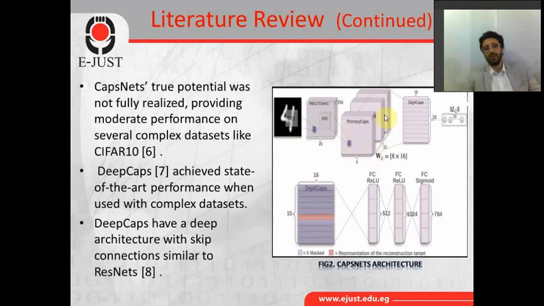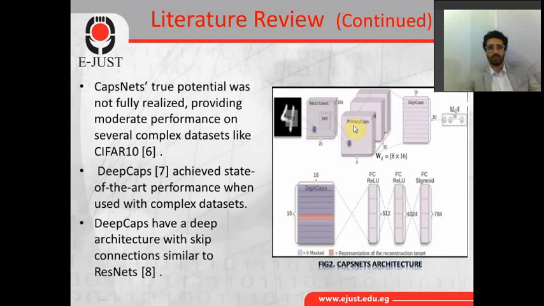Feature maps are divided into groups, and then these groups are divided into smaller units called capsule vectors, and these capsule vectors have a depth of 8. These capsules are multiplied using matrix multiplication with a transformation matrix that increases their dimension, producing DigitCaps, which are the class capsules in this case, because we are working on the MNIST dataset.